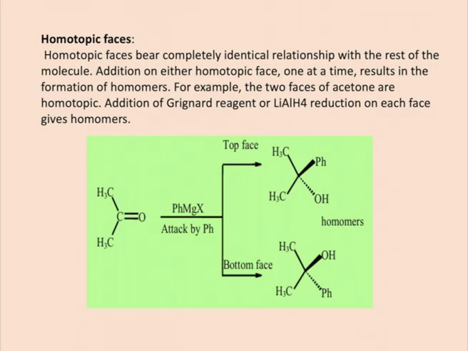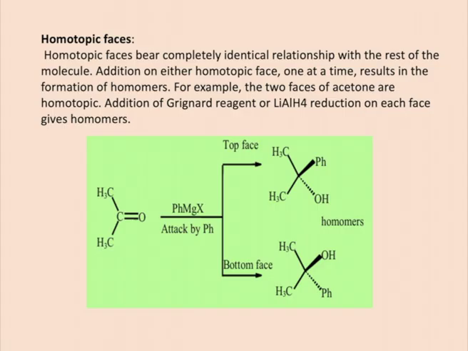Then what happens here? Both isomers are homomers, and in this example you can see it clearly. When the phenyl group attacks from the top side we get this asymmetric compound, and when it attacks from the bottom side we get this product. Both top face attack and bottom face attack form homomers.